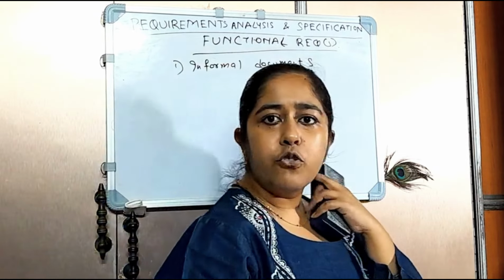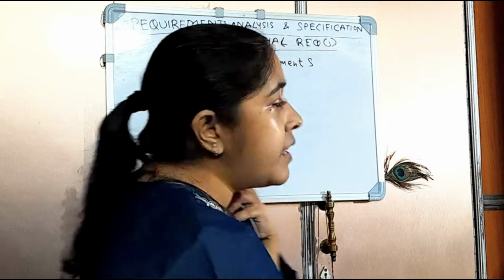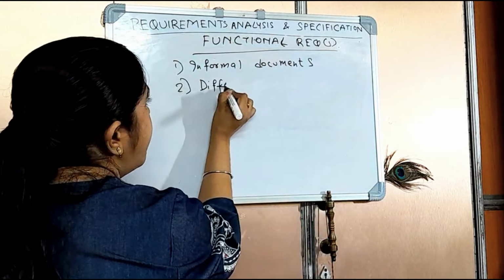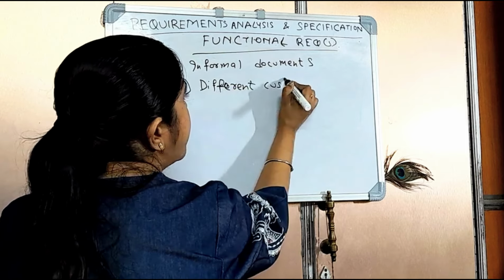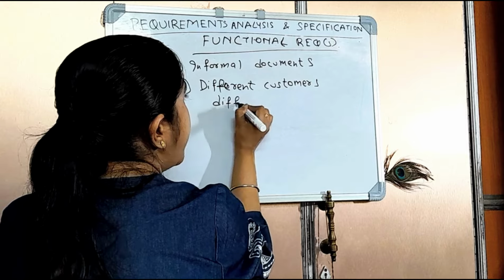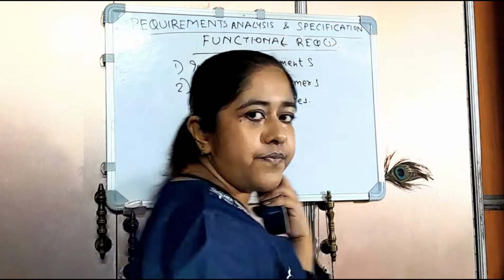You can get those requirements from your informal documents. Second, different customers have different uses. Maybe your software does the same work, but different customers have different uses.